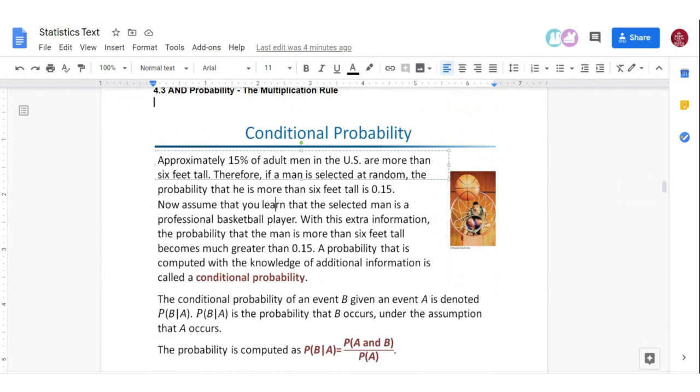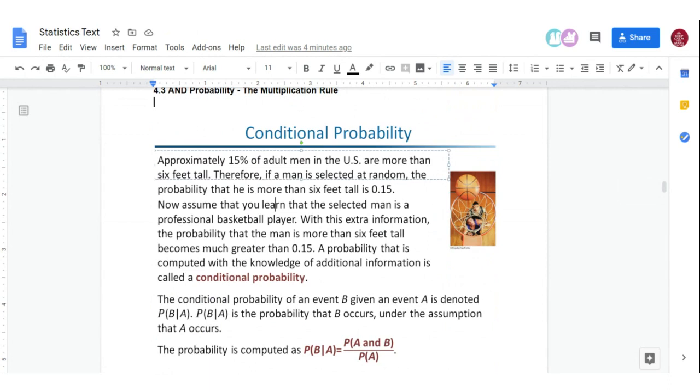So if we somehow have all these men in the U.S. in a pool, and we pull one out, we have about a 0.15 chance of pulling one out that's greater than 6 feet tall. All right.